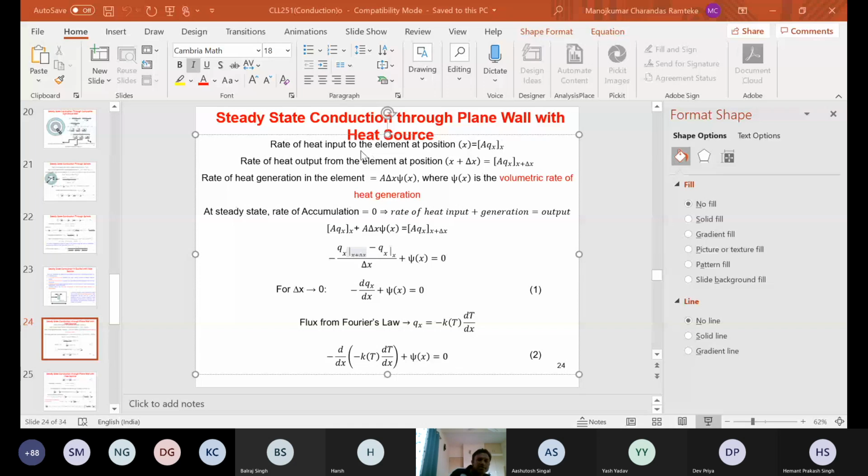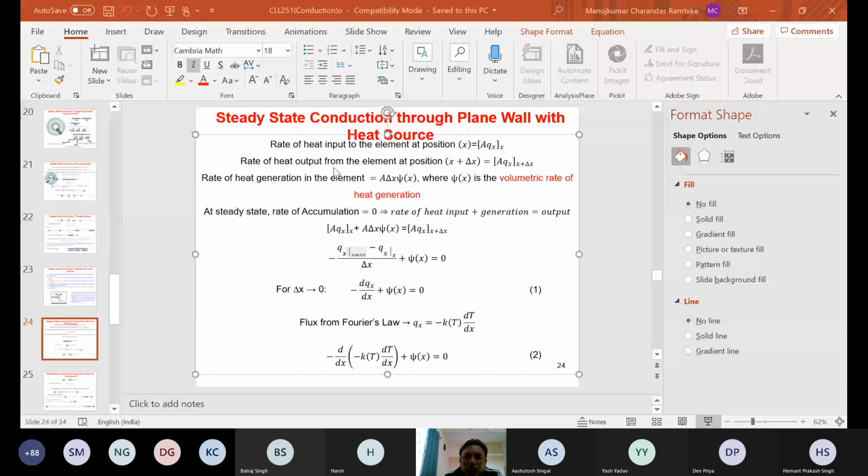Now the boundary conditions in this case are: when x equals 0, T is T1, and when x equals L, T is T2. Remember, these are the boundary conditions.